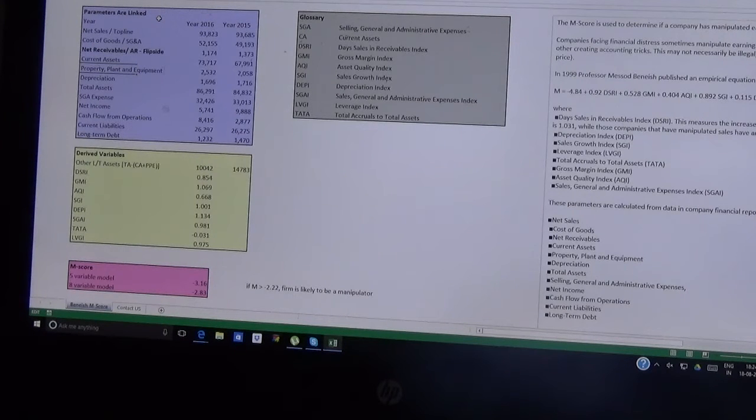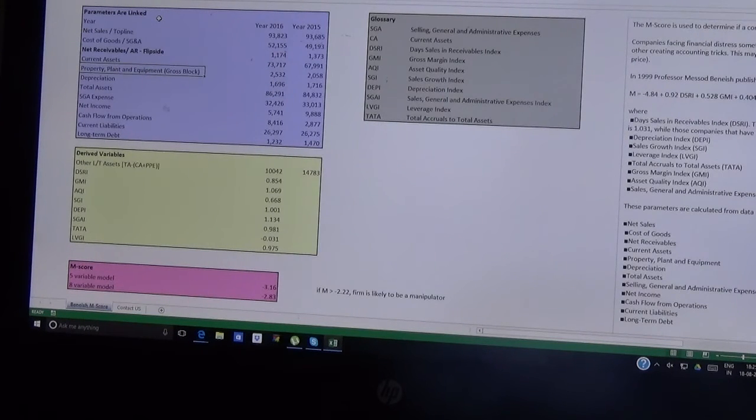This is net block, no, you need to consider this as gross block. Then you have depreciation, and you are left with net block.